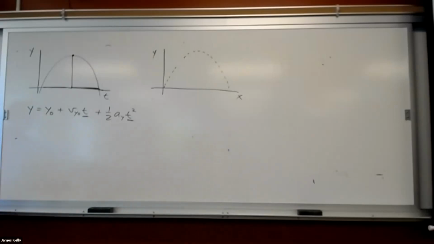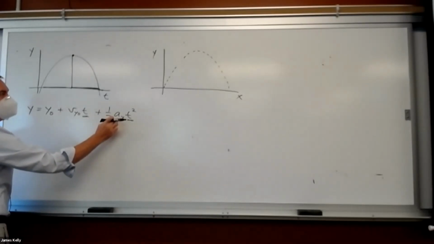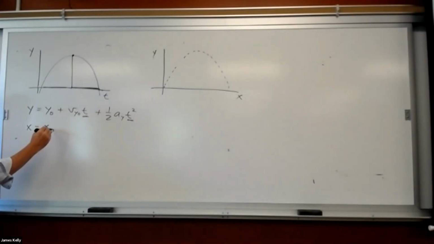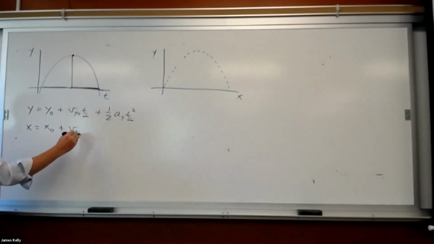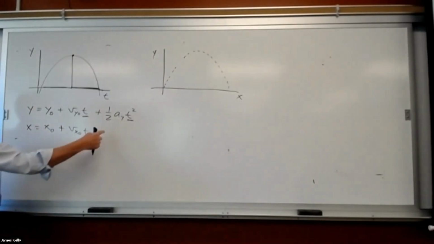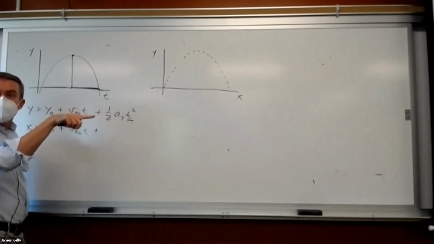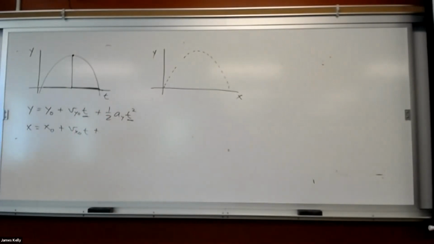You can justify that using the fact that a is minus 9.8. And when I do the corresponding x equation, x0 t plus 1/2 a_x t squared, that a_x is 0. It's not accelerating in the horizontal direction. It's only accelerating in the vertical direction.